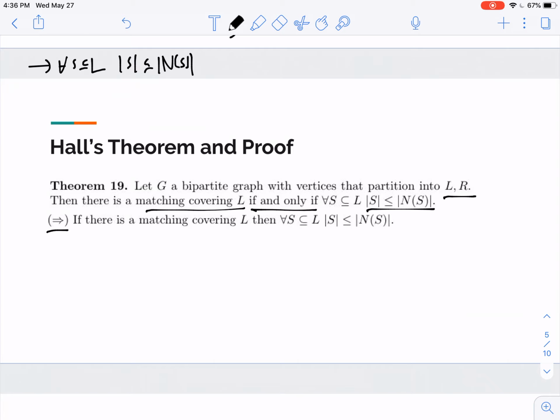The forwards direction says, if there is a matching covering L in this graph, then every subset of students prefers at least as many tutors. And how do we know this is true? Well, remember, whenever we're proving an implication, we assume P. So first, assume a matching M covering L. And then we want to prove for any subset of the students that this is true.